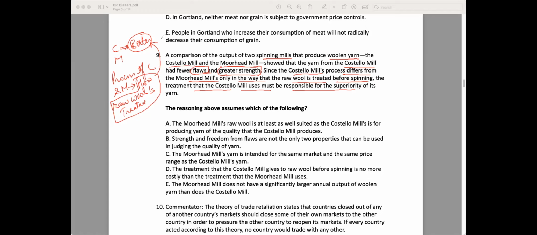Understood? That's a very simple argument in that sense. In terms of process, there is only one difference, and that difference must be the cause of better quality. That's the argument. Again, when we say something is the cause of some outcome, the inherent assumption is that there is no other cause.